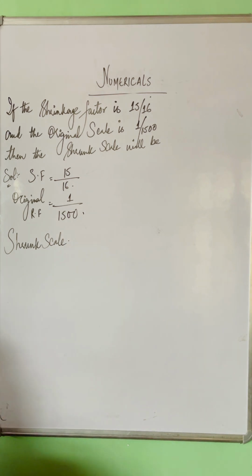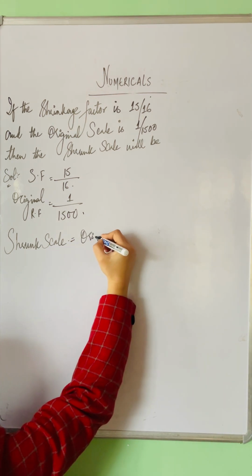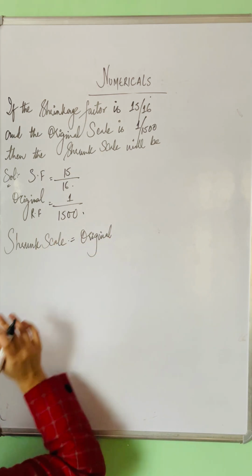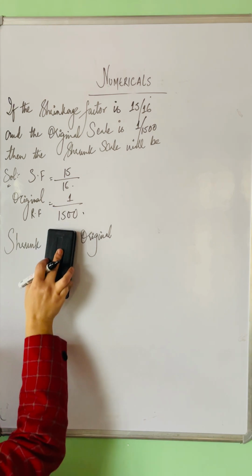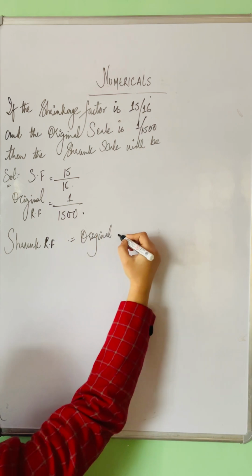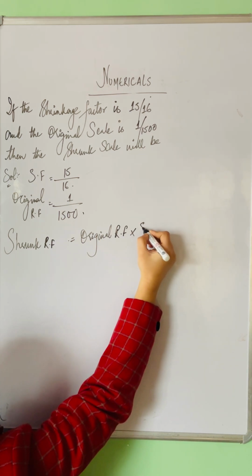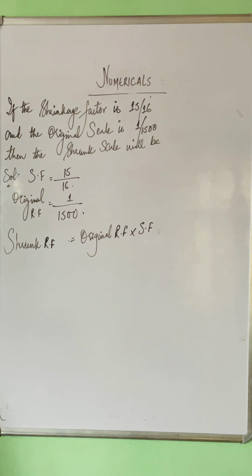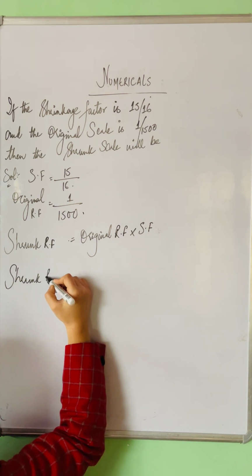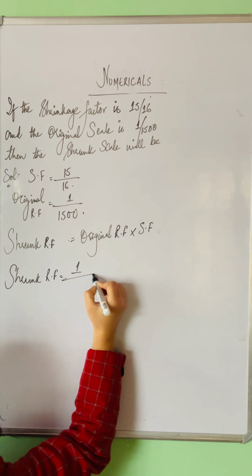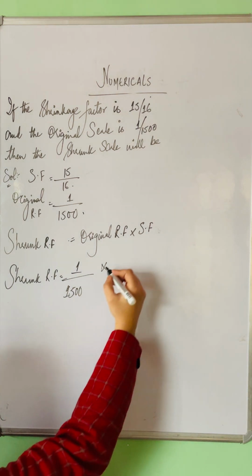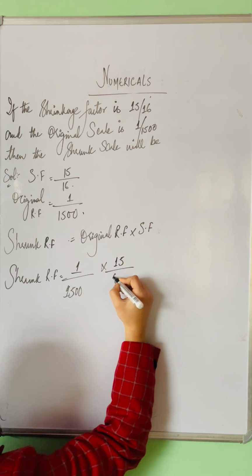And shrunk scale we know is equal to original RF multiplied by the shrinkage factor or the shrinkage ratio. So our shrunk RF will be, what is our original RF? 1 by 1500. And what is our shrinkage factor? 15 by 16.